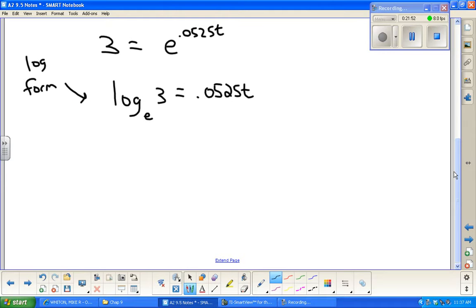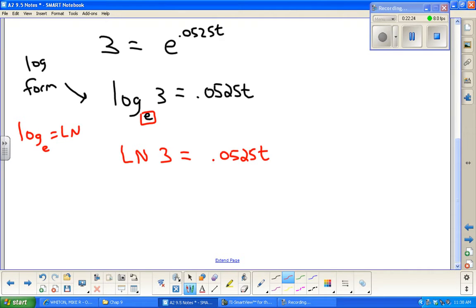If the base is e, there's a button on your calculator that uses base e, and that's the natural log. There's an ln button, right below the regular log button. It just means it's the natural base, and e is the natural base. So there's a shortcut: you can switch log base e to ln of 3. Again, your calculator will know what that is.